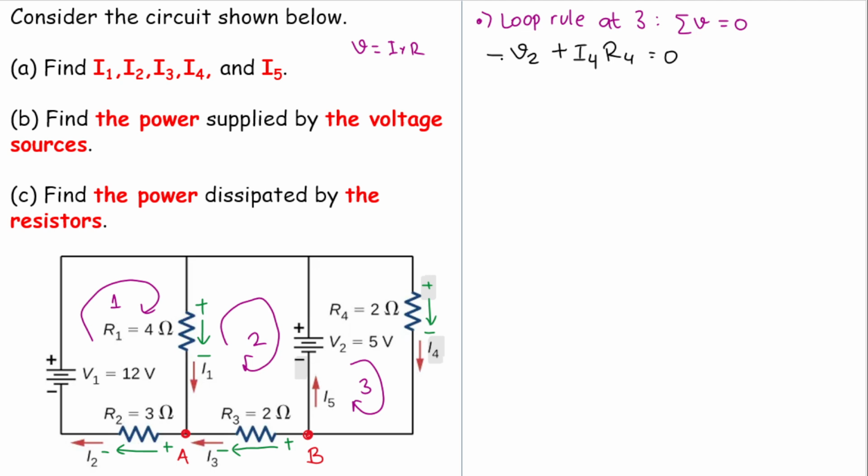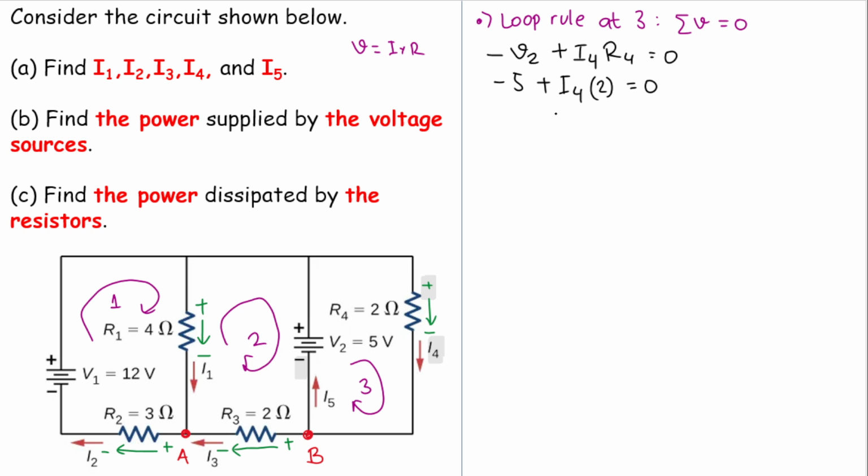Now we can just plug in the values. V2 is 5 volts, so I will have minus 5, and then I4 is what we are looking for, so we'll have I4 here. And then R4 here, which is 2 ohm. So this is equal to 2, and that will equal 0.